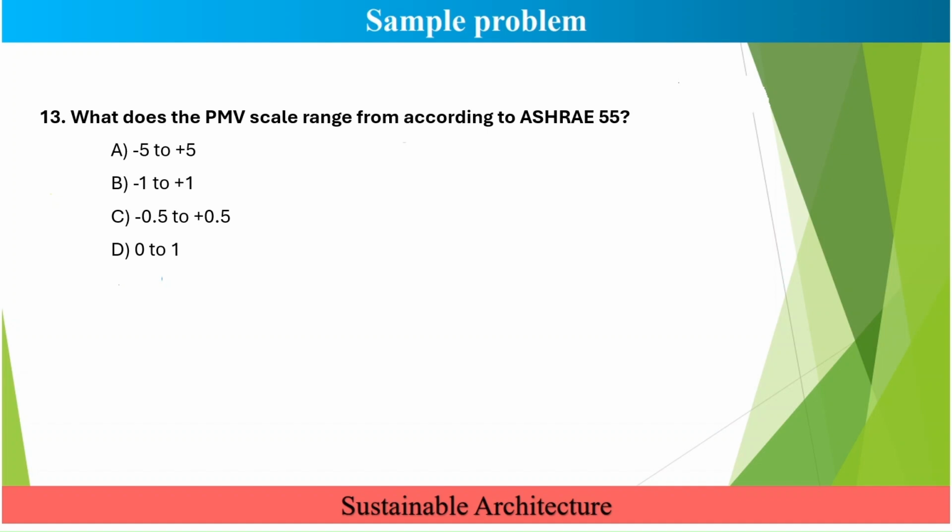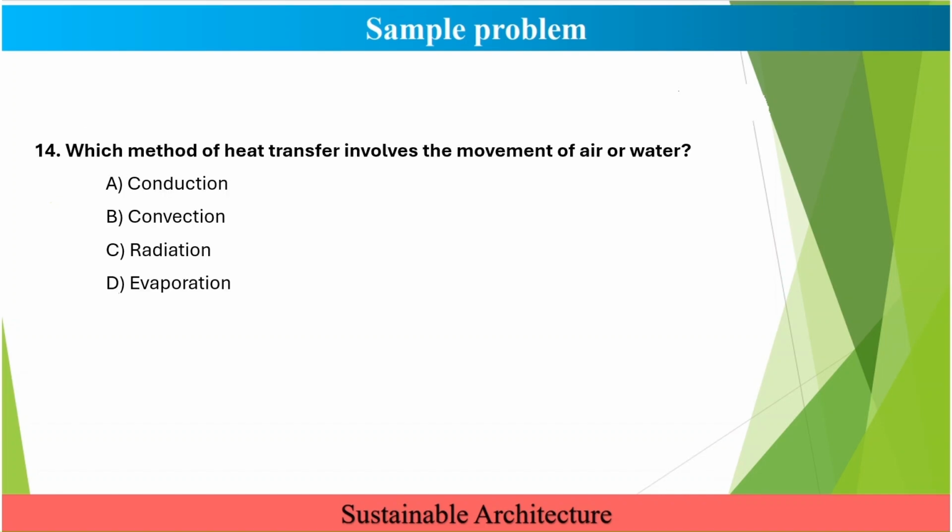What does the PMV scale range from? Minus 0.5 to plus 0.5. C. So C is the correct answer for this one. Let's move to the next question. It is I think clear to all of you, no need for much explanation. Here is question number 14.